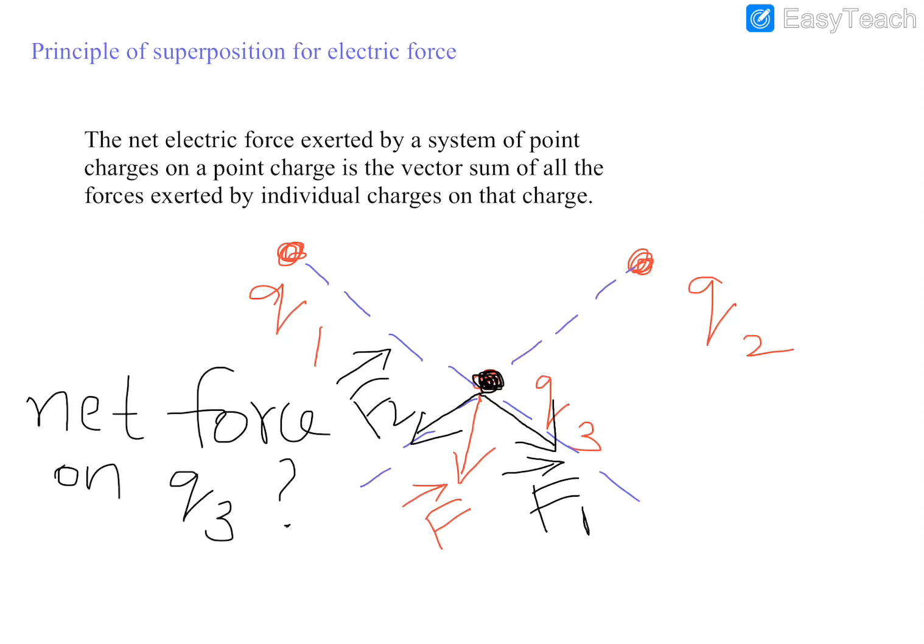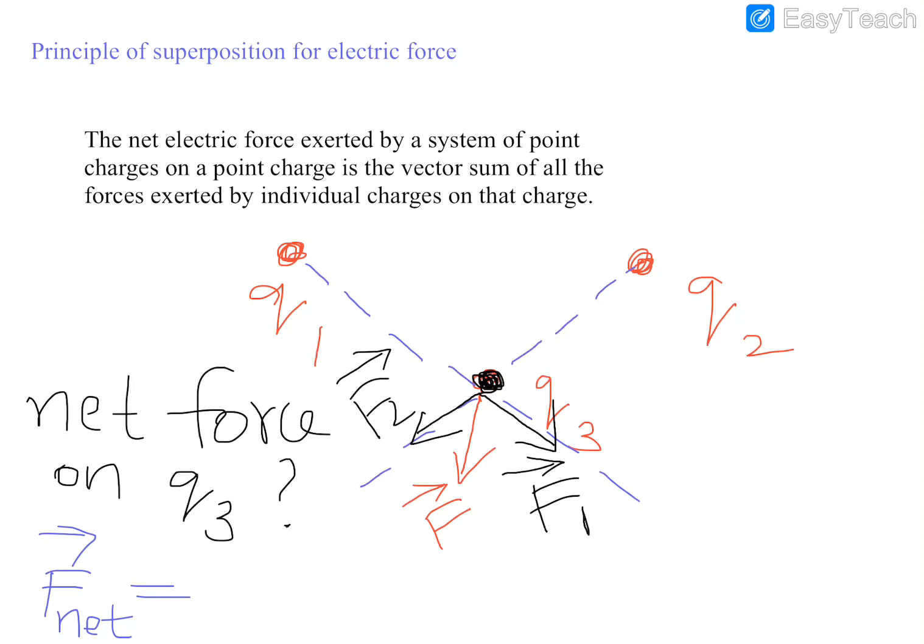Now according to the principle of superposition, the net force on Q3, F net on Q3, is equal to the vector sum of all the forces exerted by individual charges. Other than Q3, there are two more charges, Q1 and Q2. They are exerting force on Q3. So the total force on Q3 is the vector sum of individual forces.